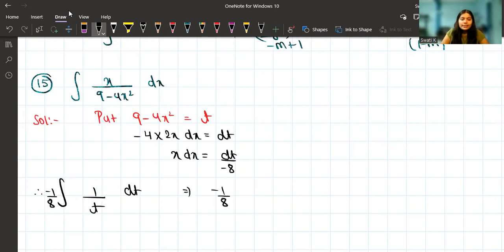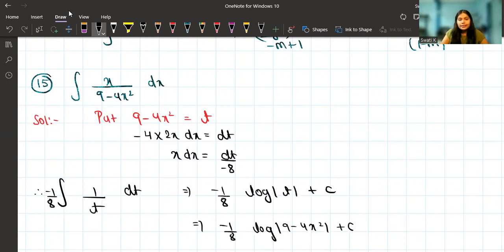Minus 1 upon 8 as it is, and by formula the integration of 1 upon x is log x, so the integration of 1 upon t is going to be log mod t, plus of course the constant of integration. This will become minus 1 upon 8 log of mod 9 minus 4x squared, and then plus c.